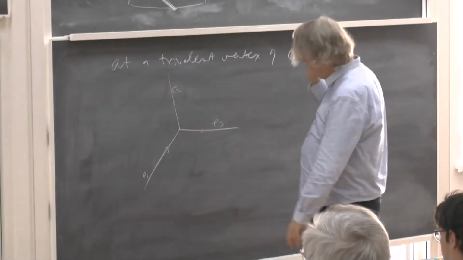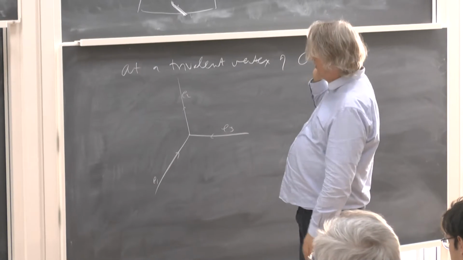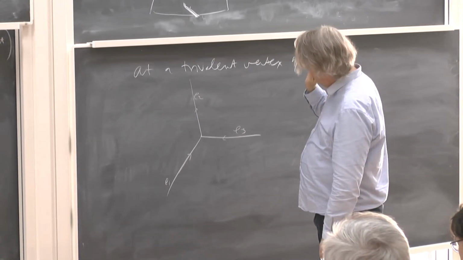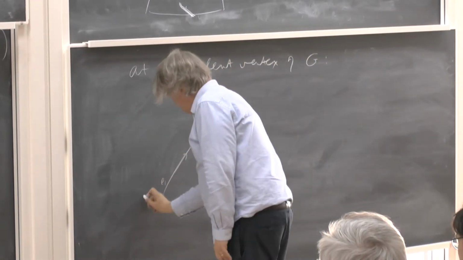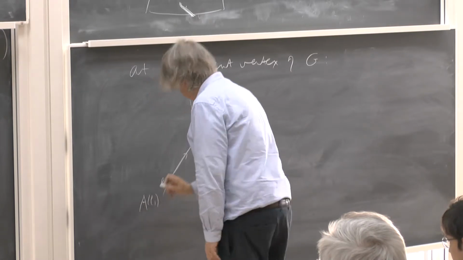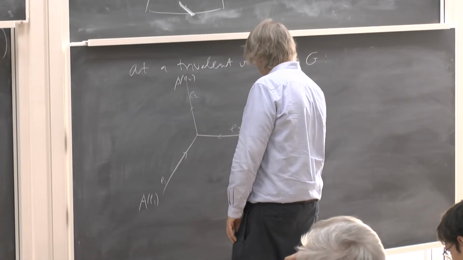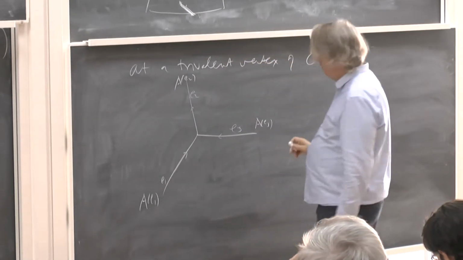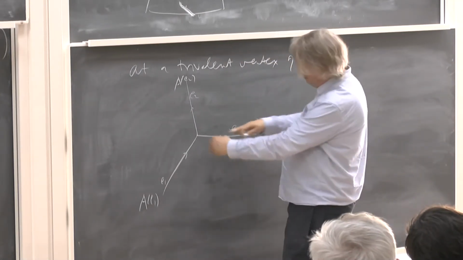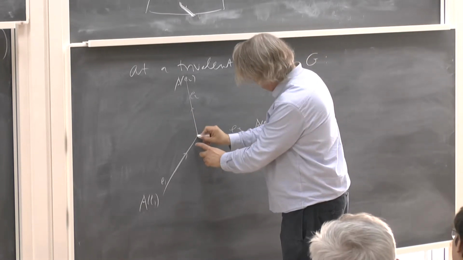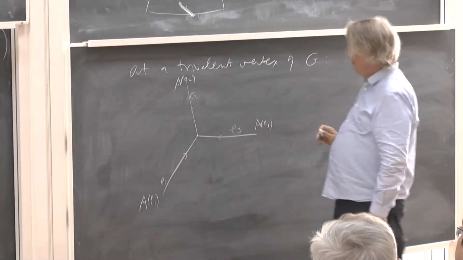But anyway, the main point here is that we have objects A of E1, A of E2, and A of E3. These guys are all going to be objects. We can push them by this connection into the fiber category over this point.